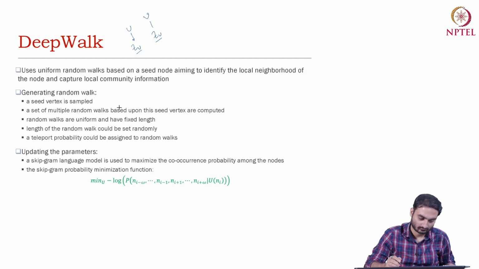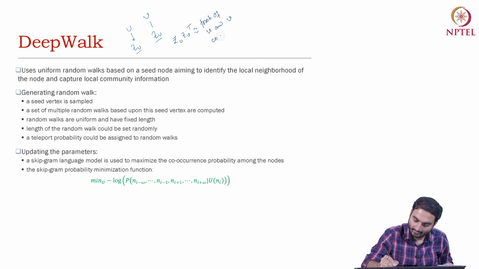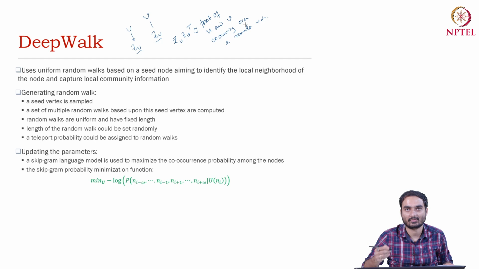Essentially, the dot product zu zv transpose should mimic the probability of u and v co-occurring over a random walk, meaning that if you start a random walk from u, what is the probability of encountering v?